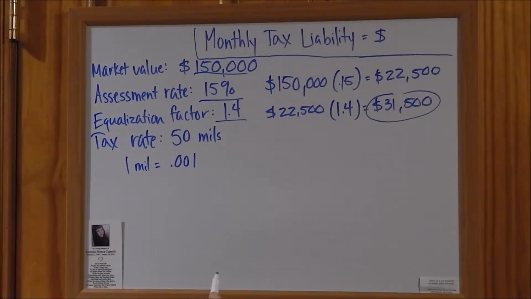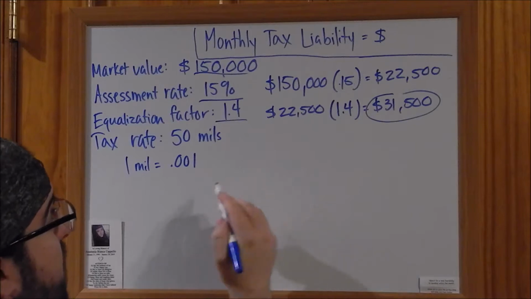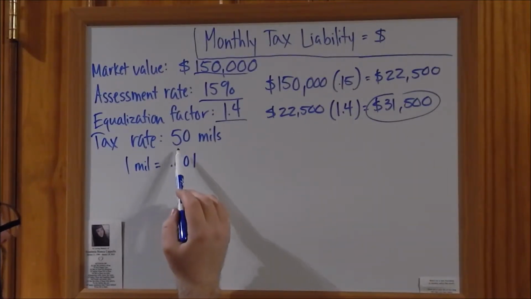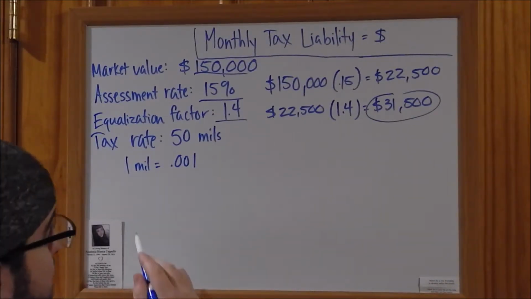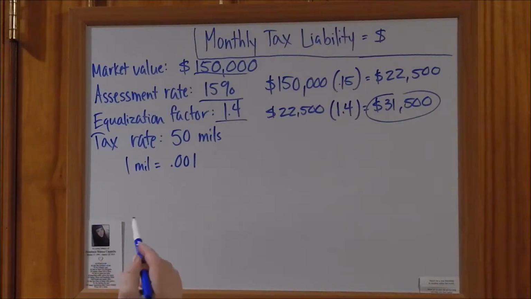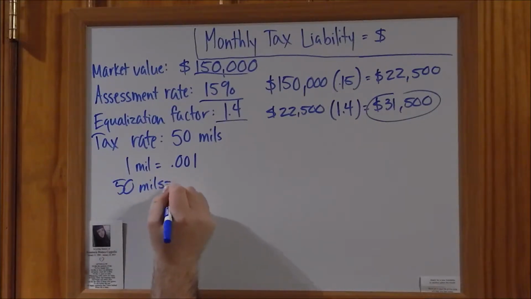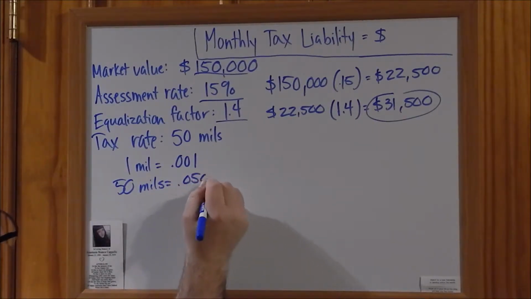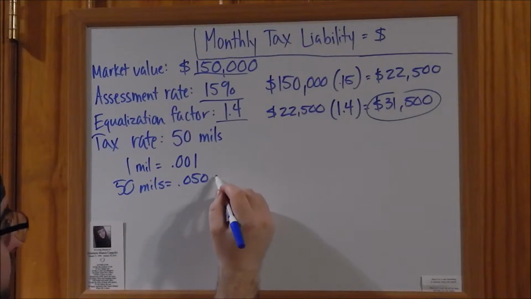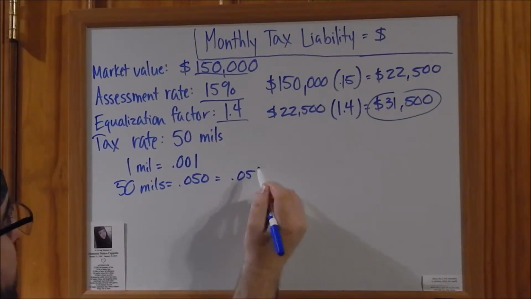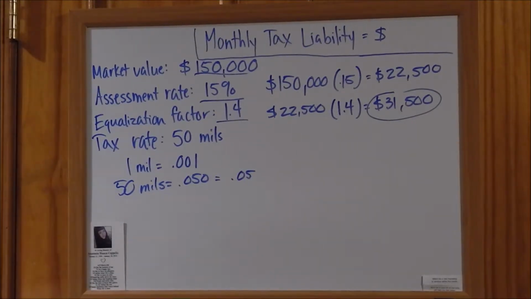Okay, this is the amount that the government is working with. And then they're going to take that and multiply it by the 50 mils. So if 1 mil equals 0.001, well, 50 mils equals 0.050 or 0.05. So that's pretty easy.